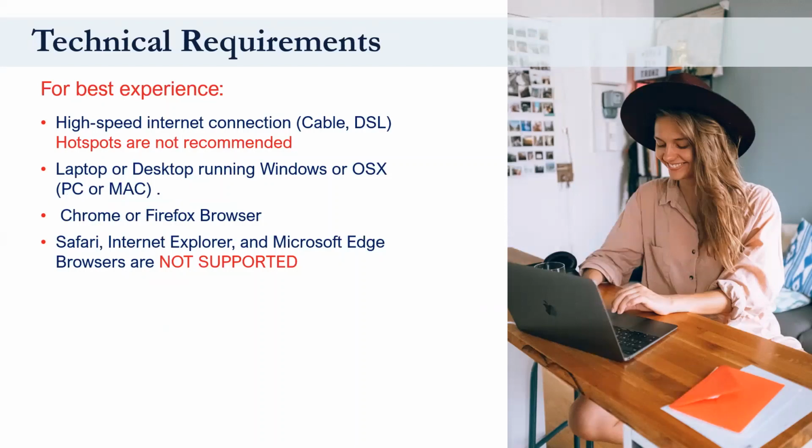I'll explain. If you do know what it is, I'm going to ask you to not use it for school. A hotspot is essentially where you take your cell phone and use it as the internet connection for your computing device. The problem with that is it is very slow and it can be intermittent. So when you're doing interactive activities in the classroom or we are having you look at videos, hotspots just really aren't very good in order to access the services.